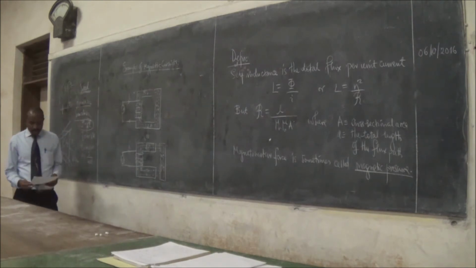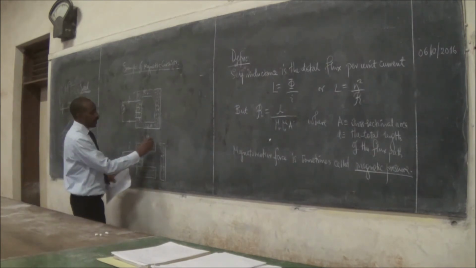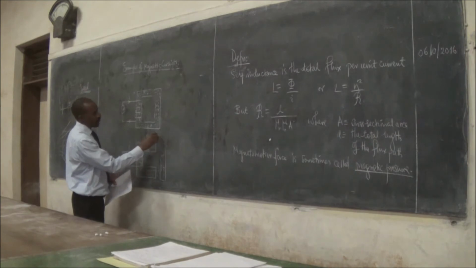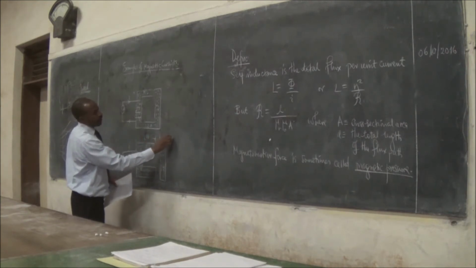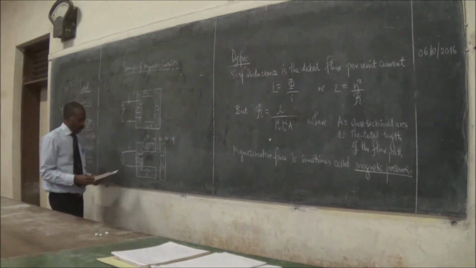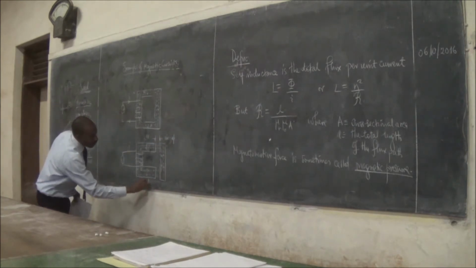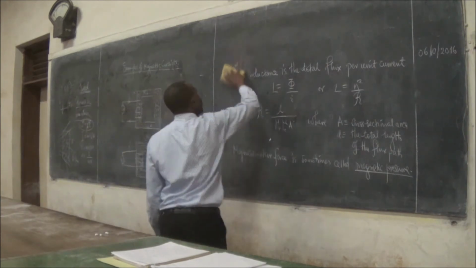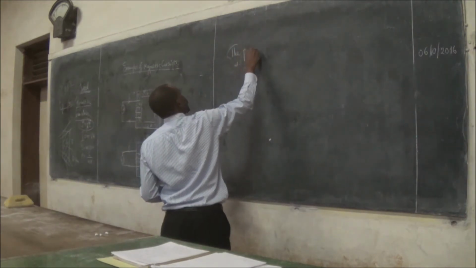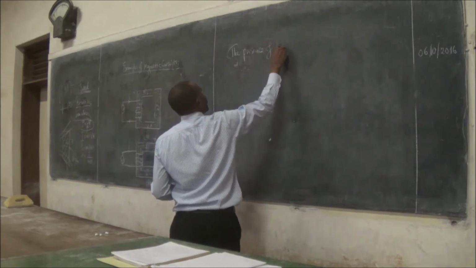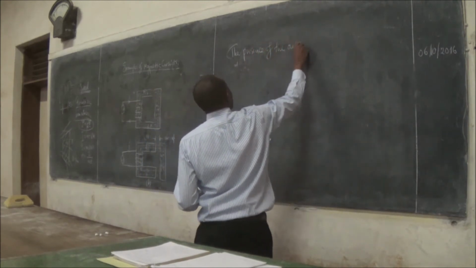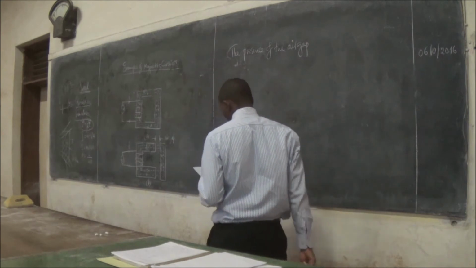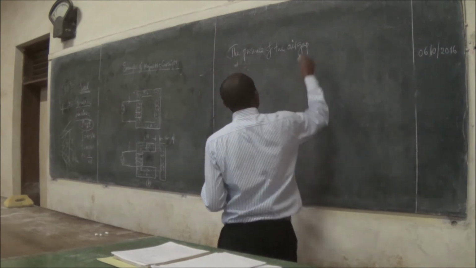So if this gap is an air gap, and we call this our setup, or our circuit B, the presence of the air gap causes a large increase.